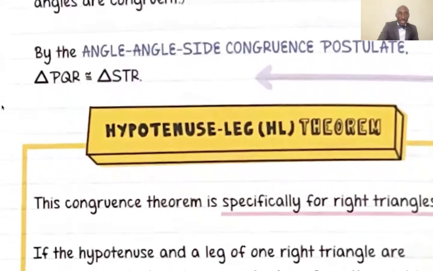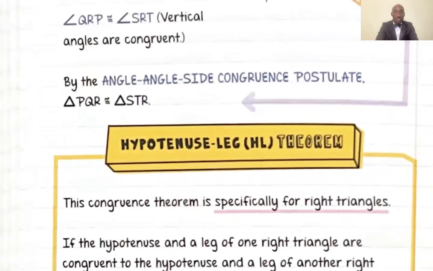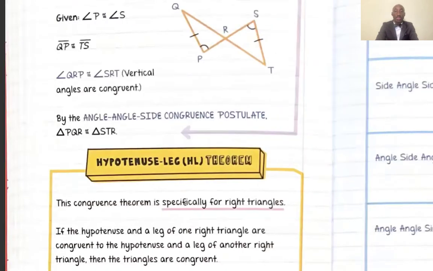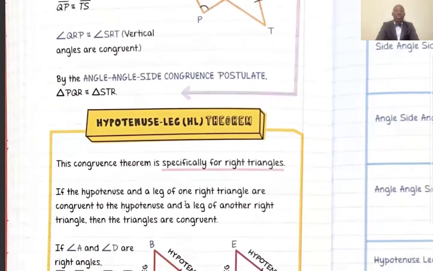Last one. All right. Hypotenuse leg, HL theorem. This congruence theorem is specifically for right triangles. You will only use hypotenuse leg or HL theorem for right triangles. Okay? That's important.